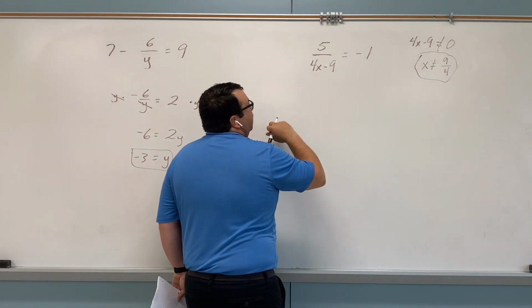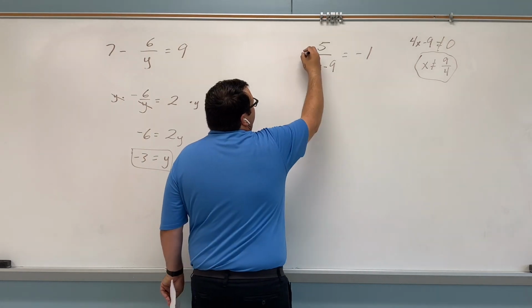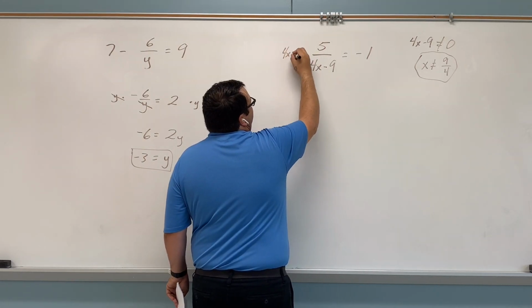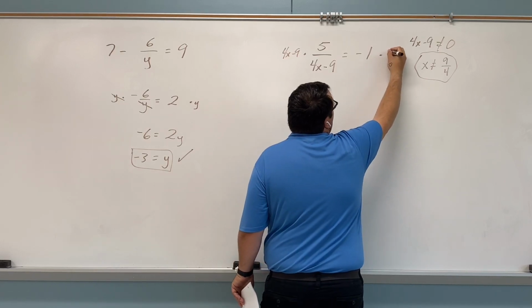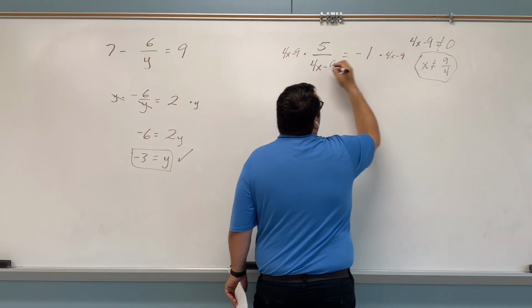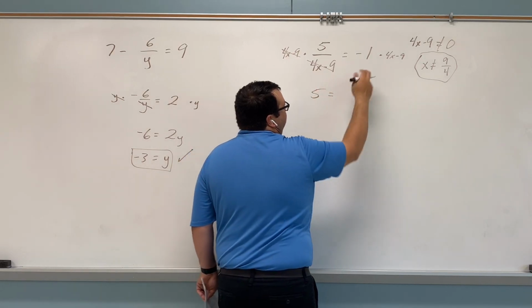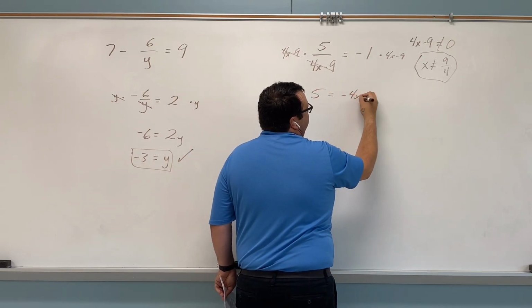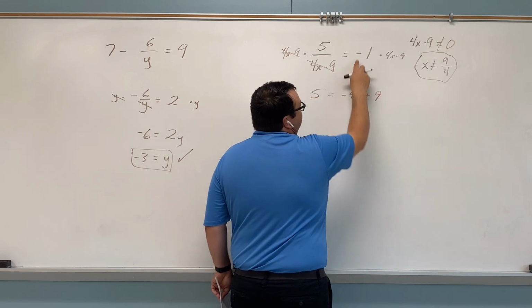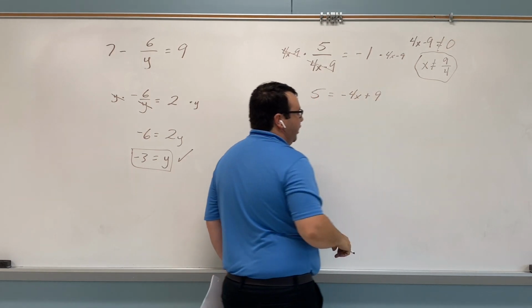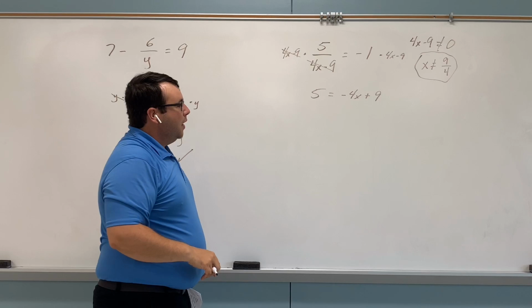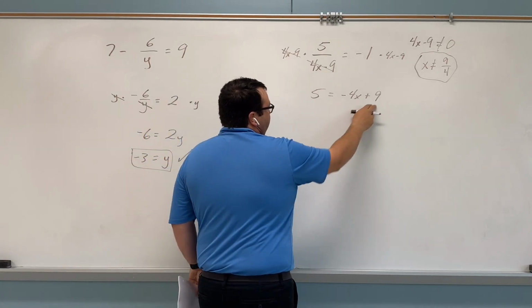All right, that being said, let's clear that fraction. Multiply the LCD, which is 4x minus 9, to both sides. That cancels this out here. I'm left with 5. On this side, I have a negative 4x plus 9, because I have negative 1 times these values. It's changing my signs. Move my 9 over, so that's subtracting 9.